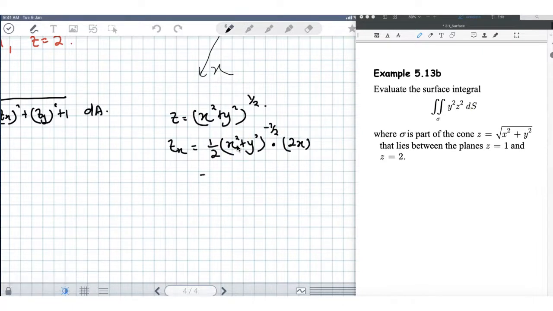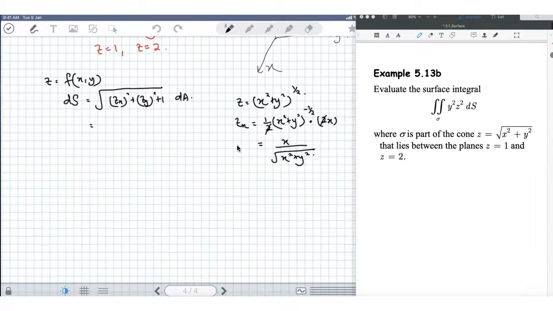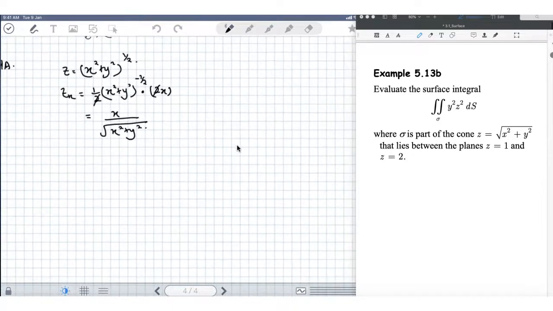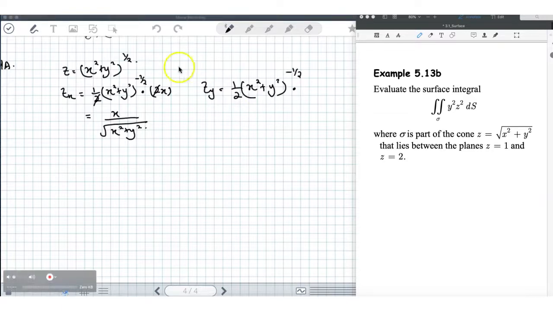2x. Then when you simplify, the 2 is gone, so you will have x over the square root of x squared plus y squared. When you square that, you will get x squared over x squared plus y squared, plus, and similarly for z_y, you have to differentiate the outer, which is the same as z_x, and then multiply by the derivative of the inner function with respect to y.